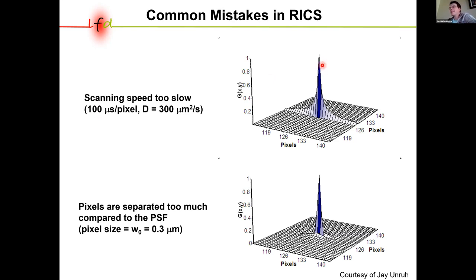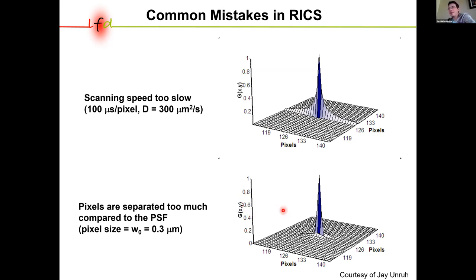And you can see that you have a very long tail because the dye moves much faster than the laser beam, so you're not able to capture the full decay. So your data set is kind of truncated, which will give you a problem in the fit.